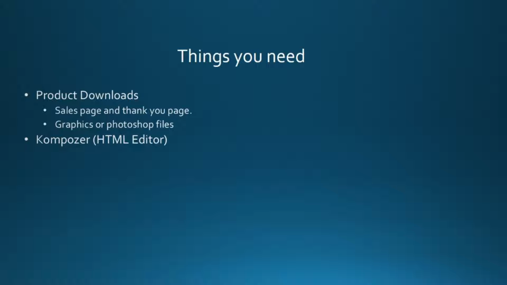But most products should have a sales page and a thank you page. And then of course, they should have the graphics that come with the sales page and the Photoshop files. Now, if you want to edit the graphics and the Photoshop files, you can with Adobe Photoshop. And I'll show you where to go to get that tool.